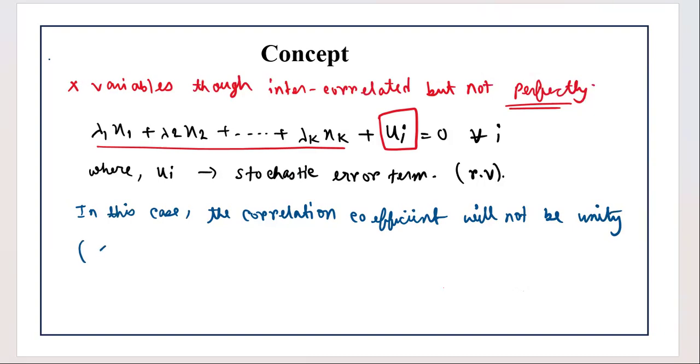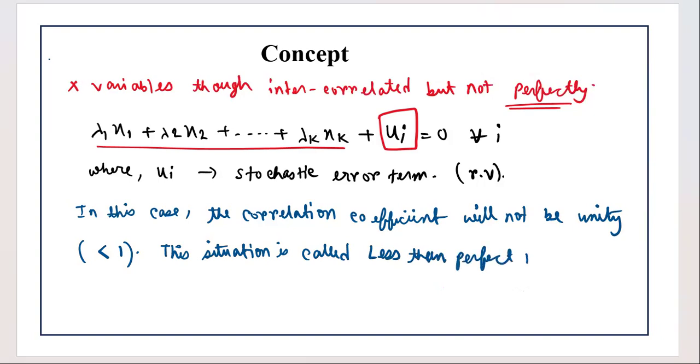It will be strictly less than 1, and this situation is called less than perfect multicollinearity, right? So I hope that you get the distinction between perfect multicollinearity and less than perfect multicollinearity, depending on the linear relationship among the independent variables. You can find out either perfect or imperfect multicollinearity.